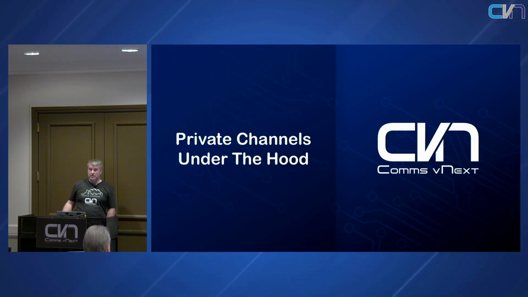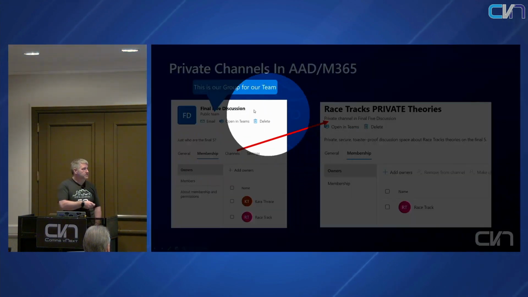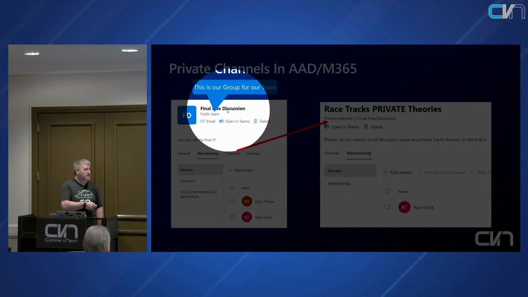So what do private channels look like under the hood? Not a heck of a lot different, but it's another layer. So on the left, we've got a group for our team, and it's hopefully spelled out here that this is a public team.